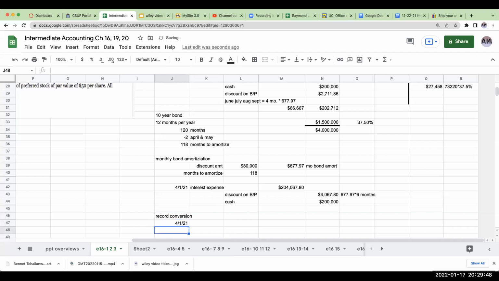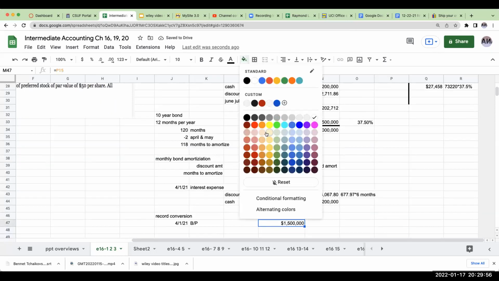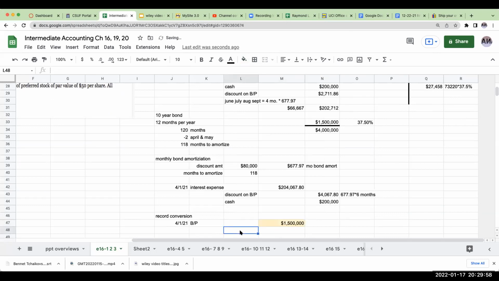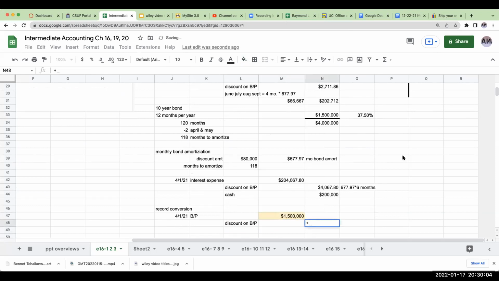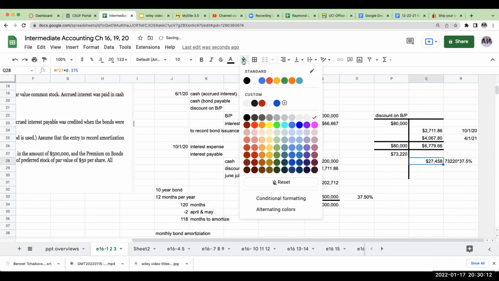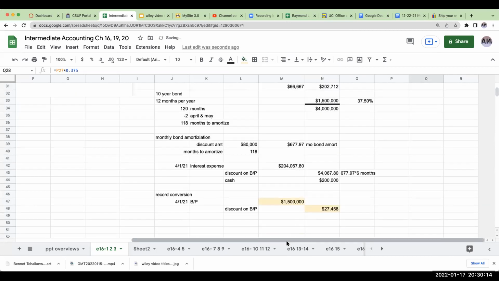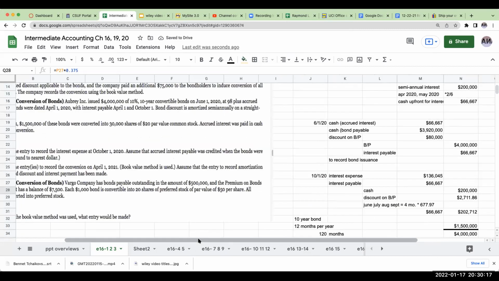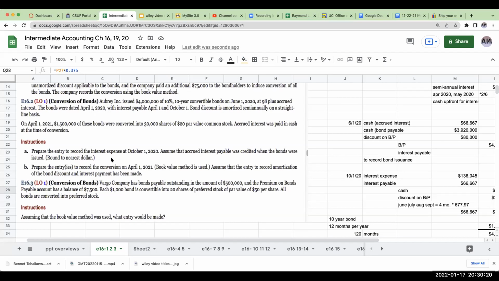So on 4/1/21, I'm debiting bonds payable for 1.5 million. And I'm going to be crediting discount on bonds payable for $27,458. We'll make this a nice, consistent coloring book for us. And now, when it comes over here to going through and recording the conversion, so I'm issuing 30,000 shares of $20 par value common stock.